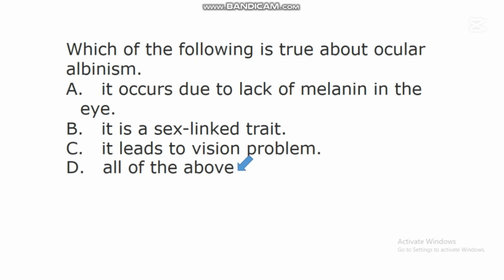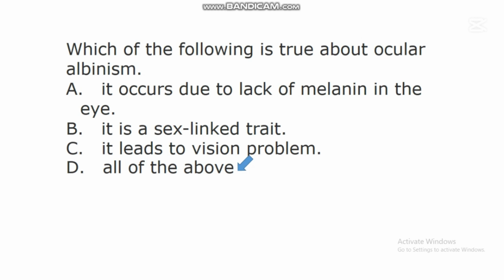This ocular albinism is a situation whereby there is lack of melanin in the eye. Melanin is a pigment that is responsible for the color of the skin, the color of the hair, and even the eye color.